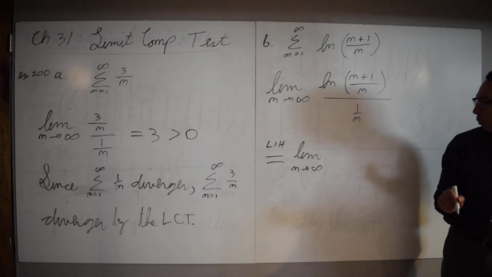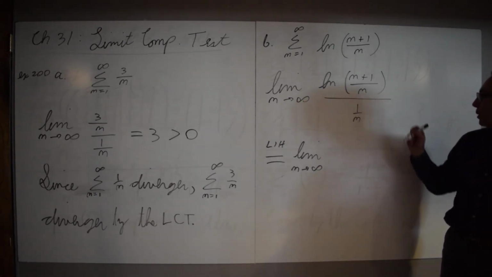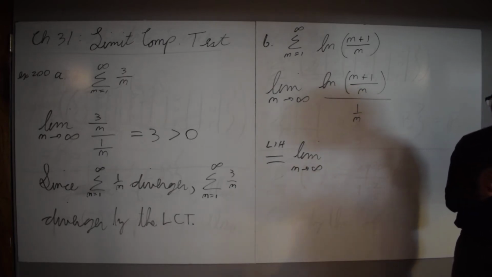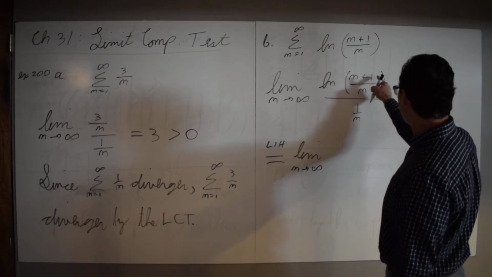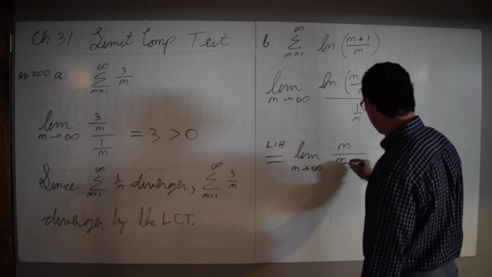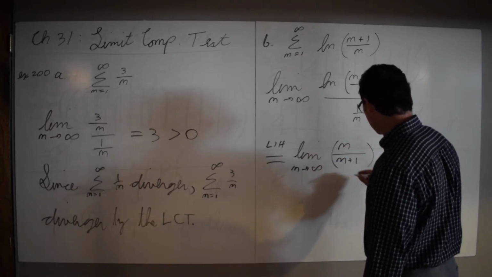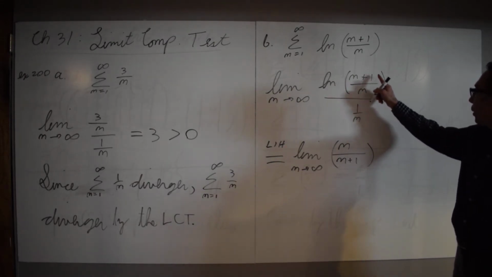Remember, L'Hopital's rule is not the quotient rule, it's L'Hopital's rule. We simply take the derivative of the numerator, then we take the derivative of the denominator. So the derivative of natural log of n plus 1 divided by n, we start by taking the reciprocal. And then the chain rule says we multiply by the derivative of what's inside.